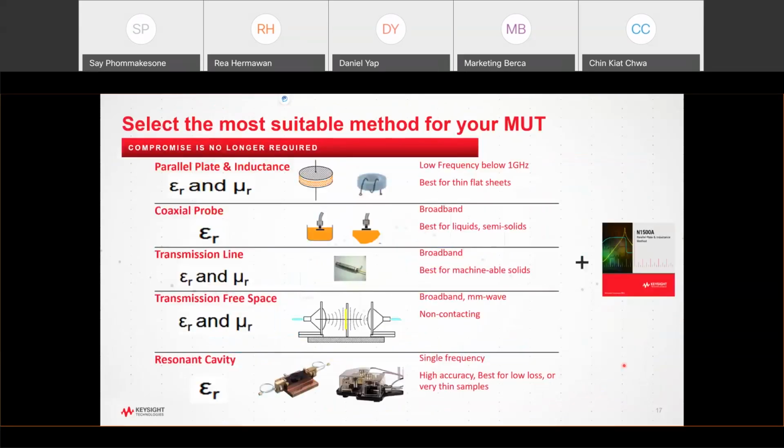What you have to do is, based on what you are researching, based on your material, select the most suitable method for your device. So in this case, if it is liquid, then maybe you choose the probe, which I'll go into in more detail. With that, I'm going to start to cover each individual measurement method and give you some benefits and some limitations.